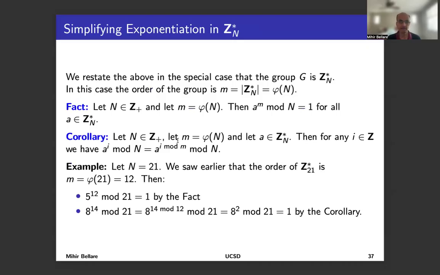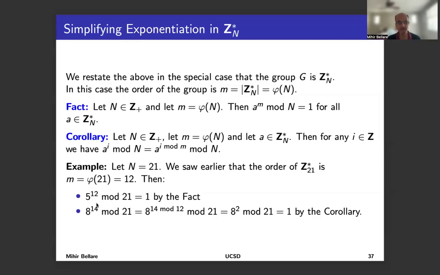We could play with that a little bit. So remember that we looked at the example of n being 21, and we computed that the order of the group Z star 21 was 12. Another way of saying it is phi of 21 is 12. It wasn't obvious, but we did the work and we got that, so now we'll use it.